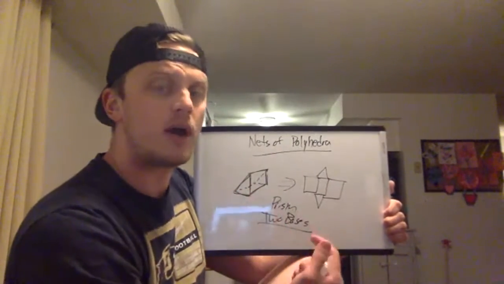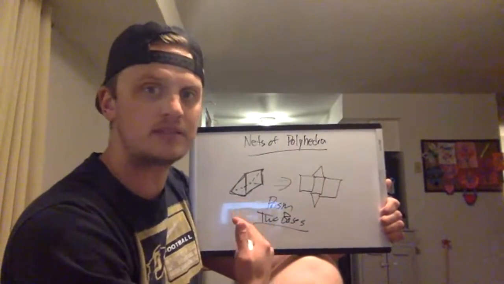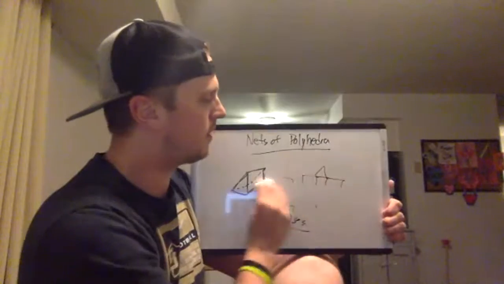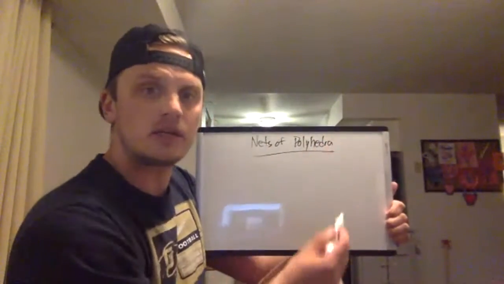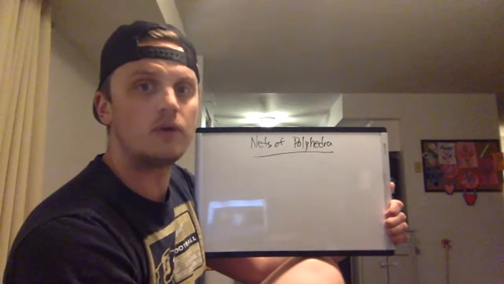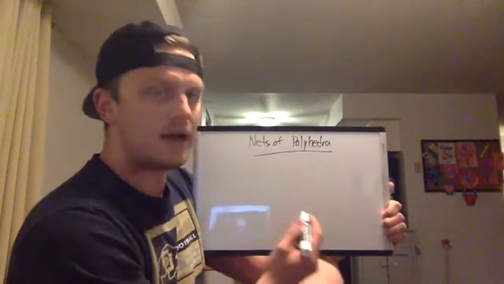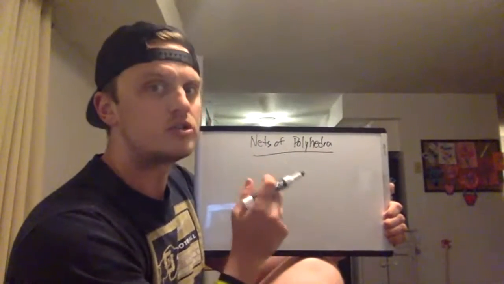No matter what, you have to pay attention to what kind of base it is, because that type of base is going to define what pyramid or prism it is. The last thing we're going to talk about is a cylinder. You may or may not have examples of this in your work this week, but I'm going to know that it's a cylinder if the bases are circles.